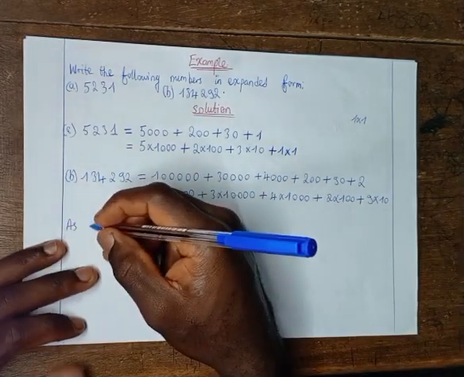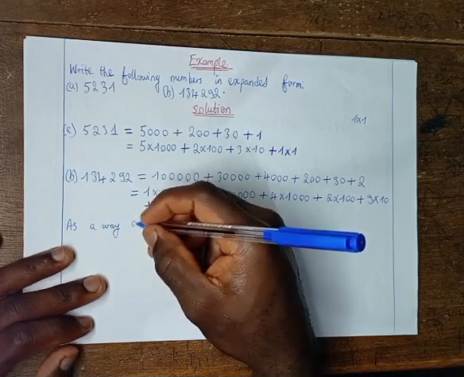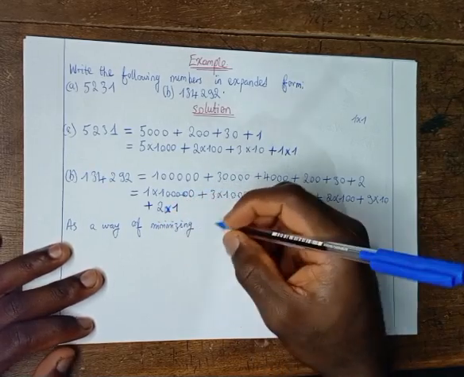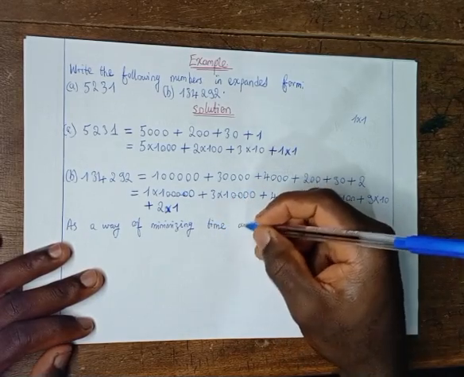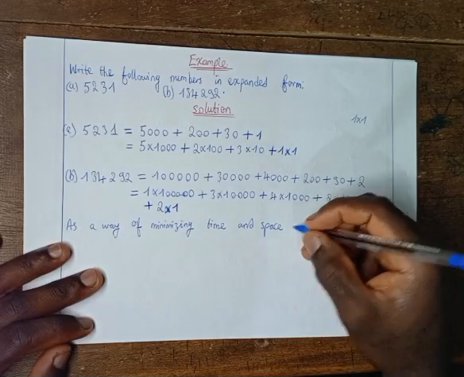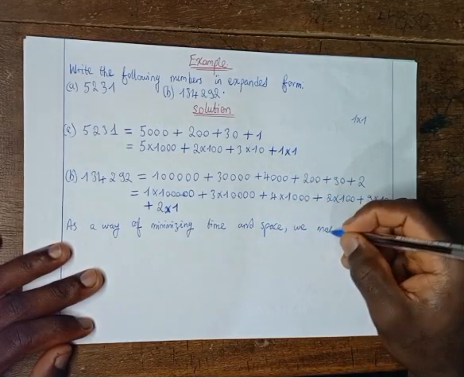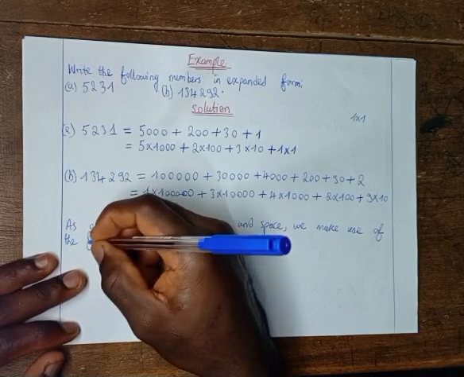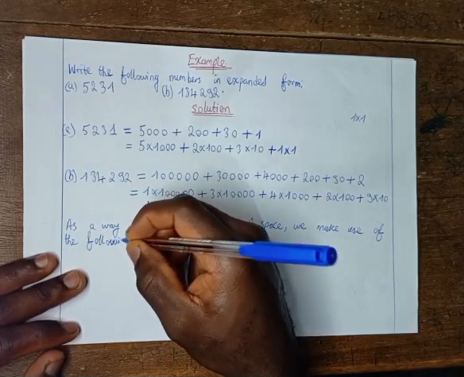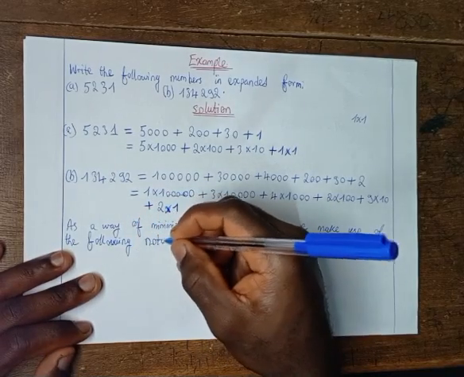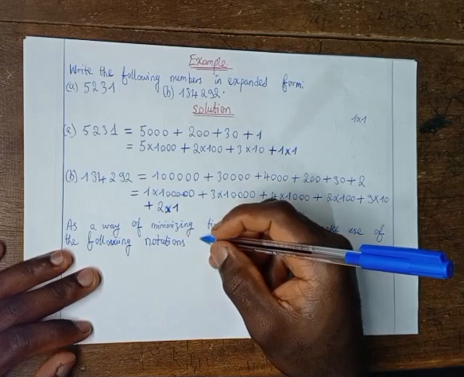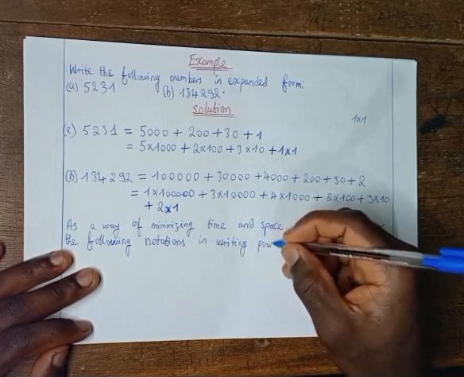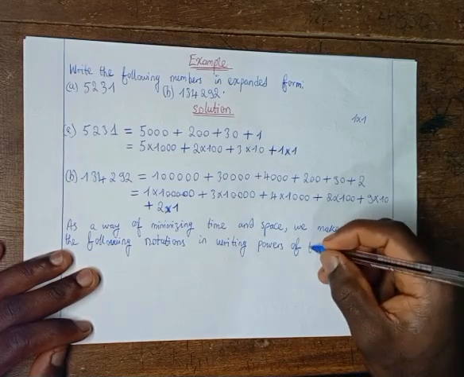Next, as a way of minimizing time and space, we make use of the following notations in writing powers of 10.